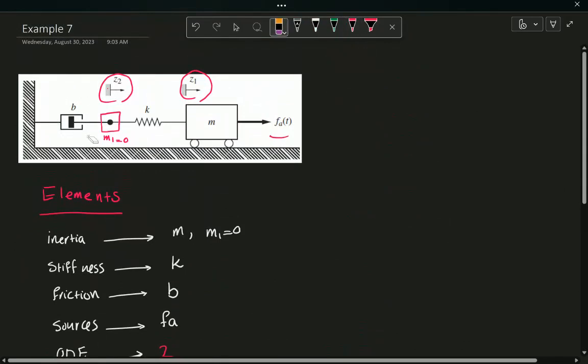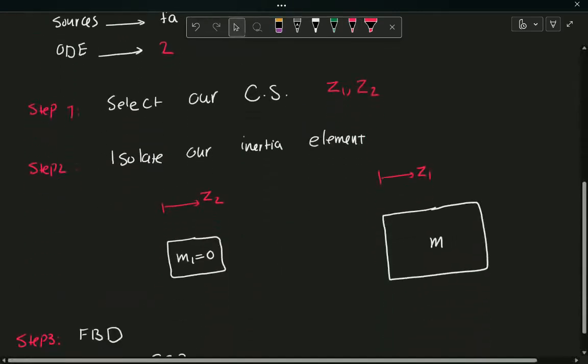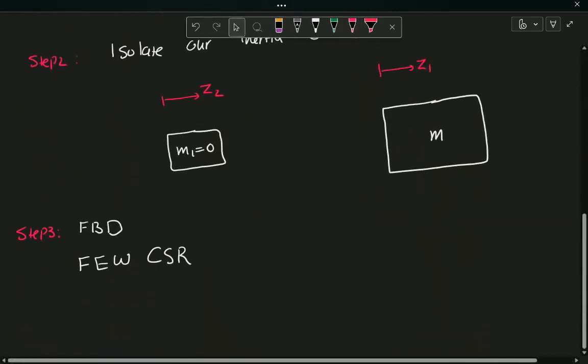Let me just change the color. My damper is here. If you look at this damper, you see that only one side of it is moving. The other side is clamped to the wall. The side that's moving is moving with the massless node, M1, with velocity b z dot 2.